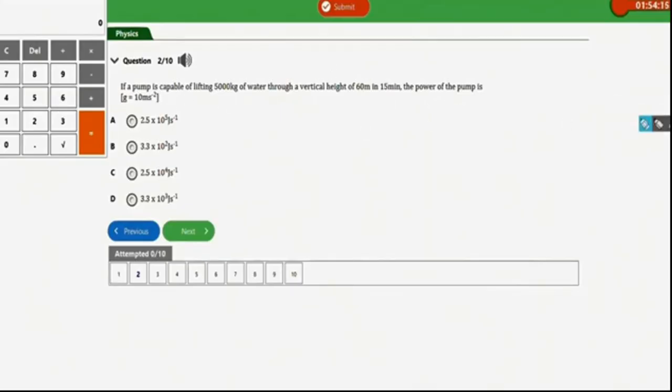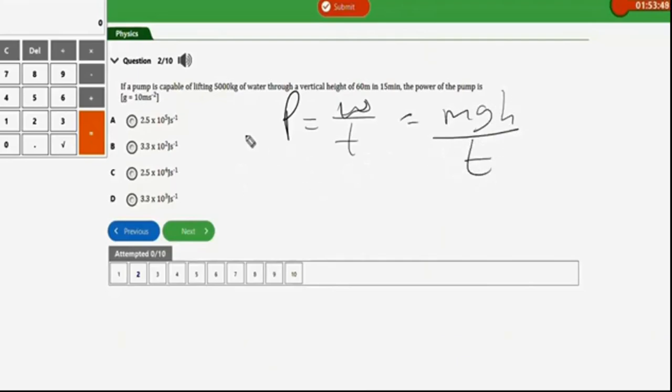Power equals work over time. Power is the rate of using up energy, and energy is the capacity or ability to do work. So power is work over time, which is the same thing as mgh over time, where mgh is the energy.